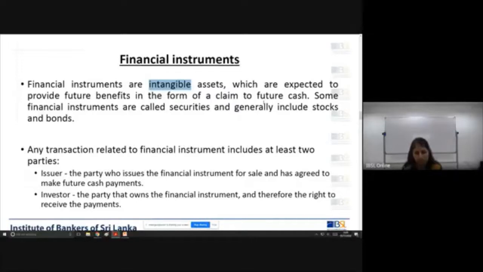Always remember, when it comes to a financial instrument, in the creation of a financial instrument, there can be several parties involved. But fundamentally, there are always two parties when it comes to a financial instrument. One is the issuer, the other one is the investor.